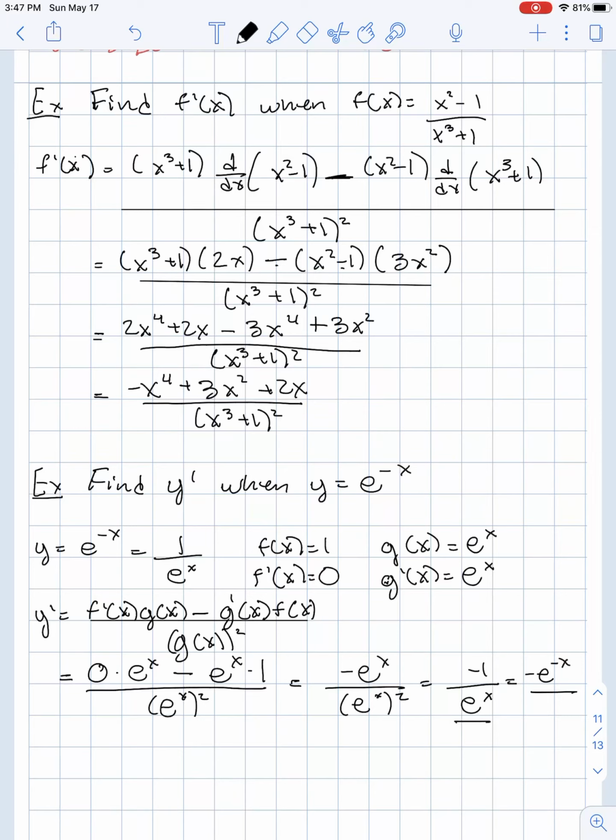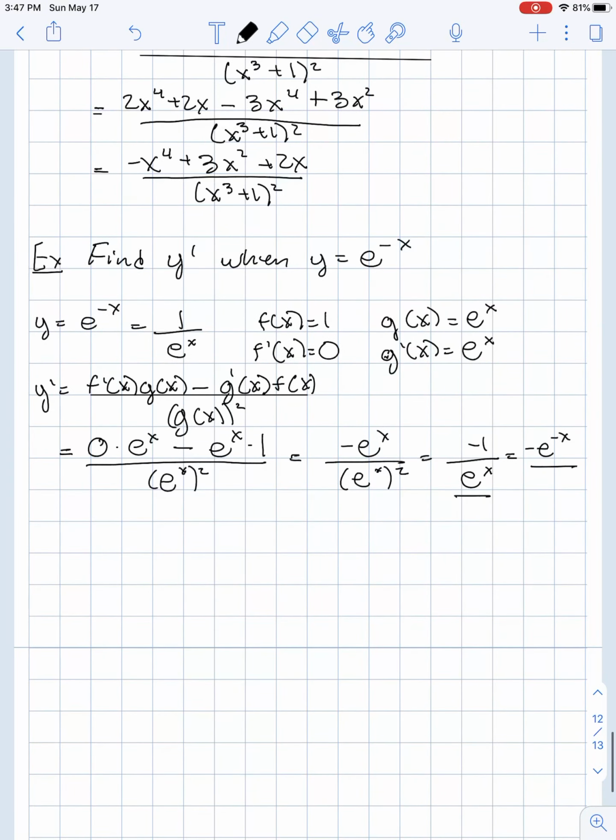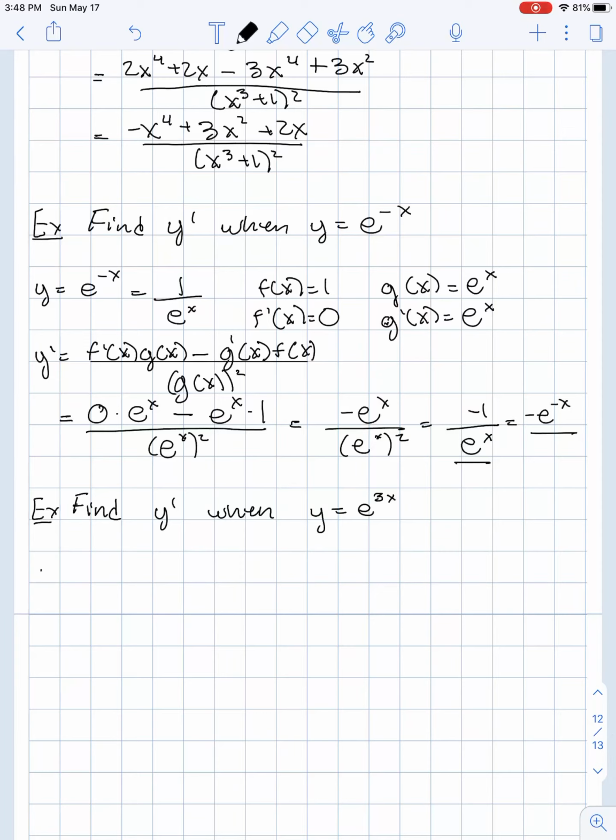Quotient and product rule, I only showed you for when I had 2 functions. Quotient rule, you can only have 2 functions, but product rule sometimes can have 3. So let's do an example. We're going to find y prime when y equals e to the 3x.